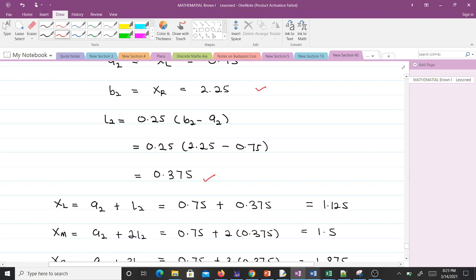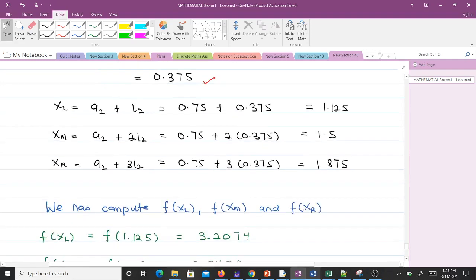So we then have to compute XL, XM, XR. So XL is given by A2 plus L2. We are doing the second iteration, that's why it is A2, L2. If you are doing the third iteration, it will be A3, L3. And that will give us this. XM is A2 plus twice of L2, which gives us this. XR is A2 plus 3 times L2, and that gives us this.